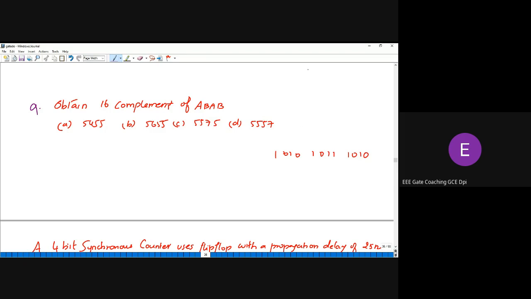So 16th complement is 15th complement plus 1. So you have to take the 15th complement of this number, then you have to add 1 with that number.